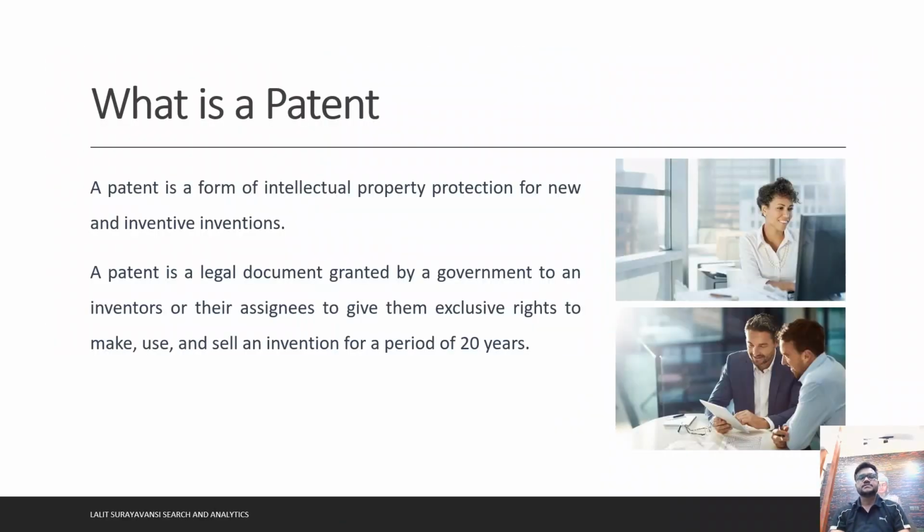So the first thing is, what is a patent? So patent is a kind of exclusive right which is given by the patent office when you disclose an invention to the patent office. So this is a kind of quid pro quo system, which means something you give and something you receive in exchange.